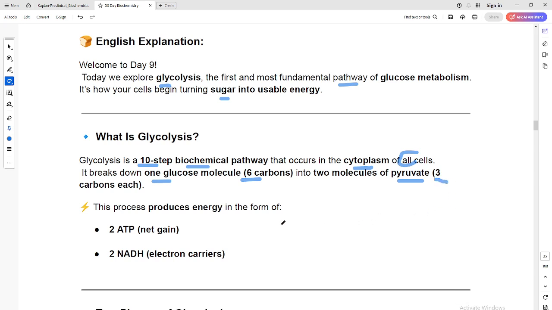This process produces energy in the form of 2 ATP and 2 NADH. Okay, 2 ATP are a net gain. What I meant by net gain?